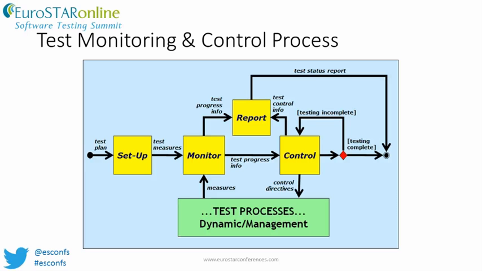Objectives specified in the test plan are used by the monitor activity to identify test measures, which are used to determine how closely the actual testing is following the plan, and the control activity issues directives to ensure the plan is followed, where possible. The report activity provides status reporting on the progress of the testing. Not shown here is the feedback from this process that includes updates to the test plan as needed.